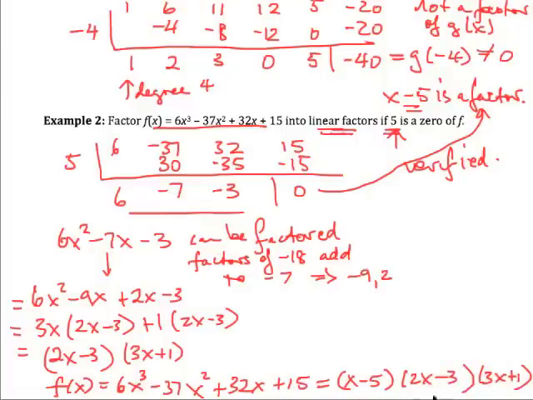And so we now have the 3 linear factors that can be multiplied to make up this cubic, and this of course leads us to all of the zeros. 5 here, and of course if I solve this to be equal to 0, I'd end up with 3 on 2. And in this one, I'd have negative 1/3. And so I have the 3 zeros and I have the 3 factors, which is rather useful.